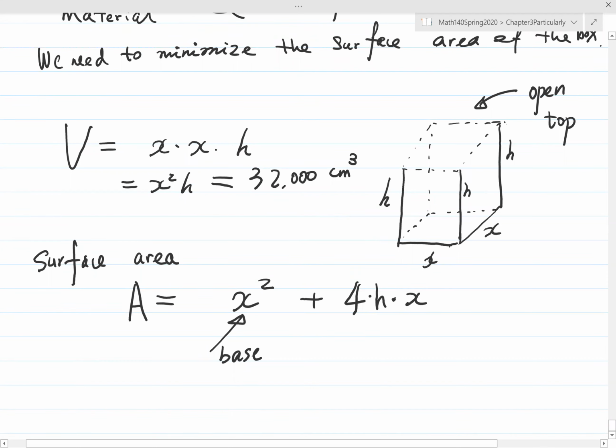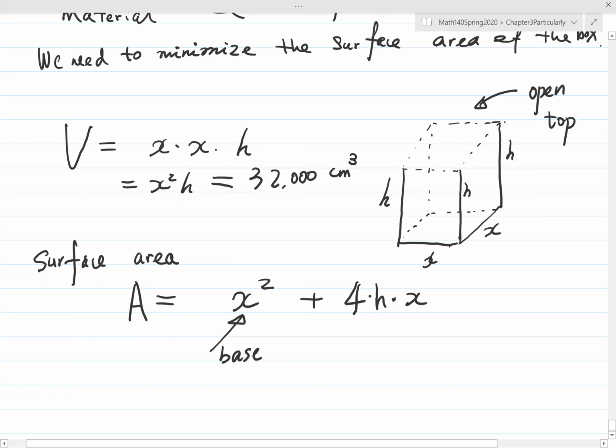Now you see in the area function we have 2 variables, x and h. A 2 variable function is hard to manipulate, so we try to use algebra to substitute one variable into another, so that we get a one variable function. Do we substitute h or x?